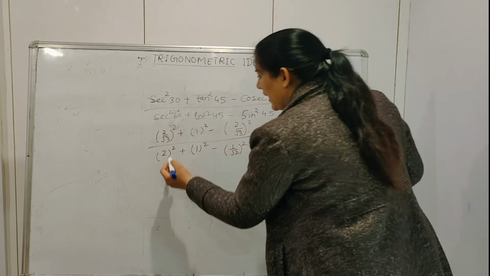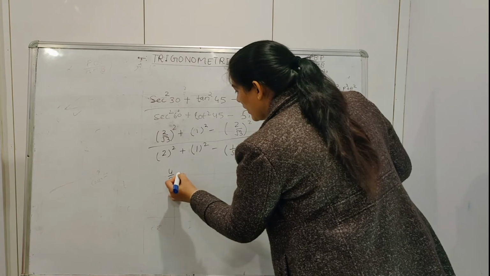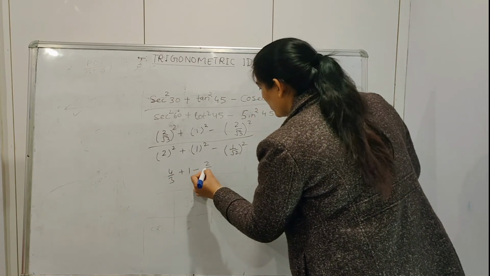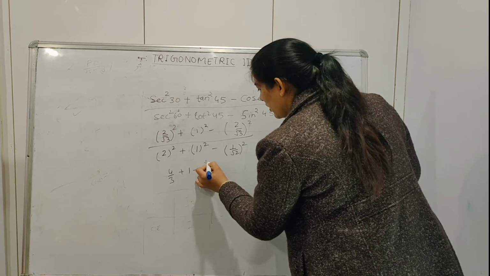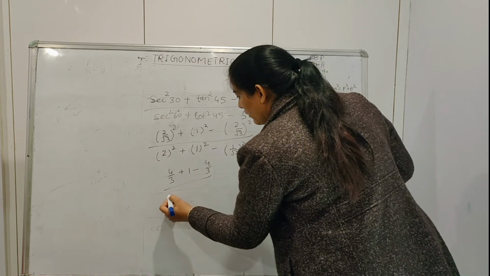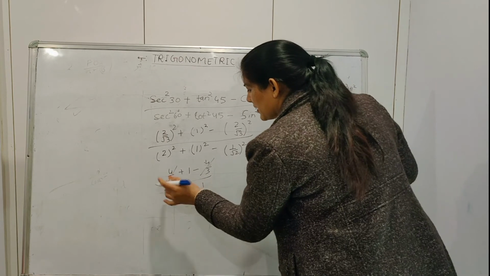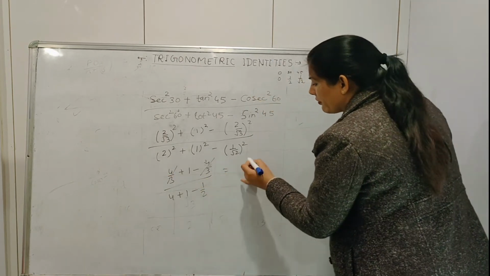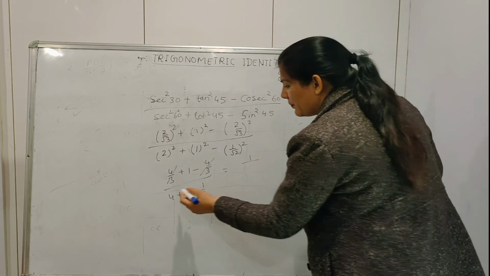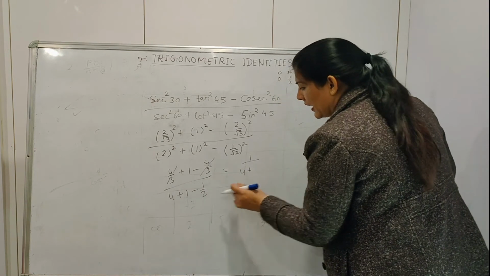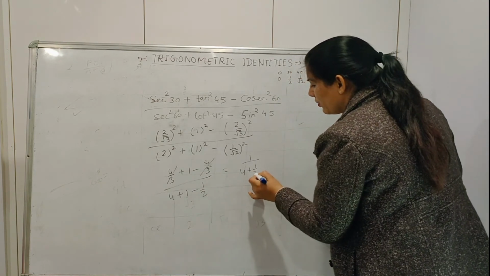So here we have 4 upon 3 plus 1 minus 1 upon 2, and divided by 4 plus 1 minus 1 upon 2, and 4 upon 3 is cancelled by 4 upon 3. So we are left with 1 in the numerator, and in the denominator I have 1 minus 1 upon 2, which gives 1 upon 2.